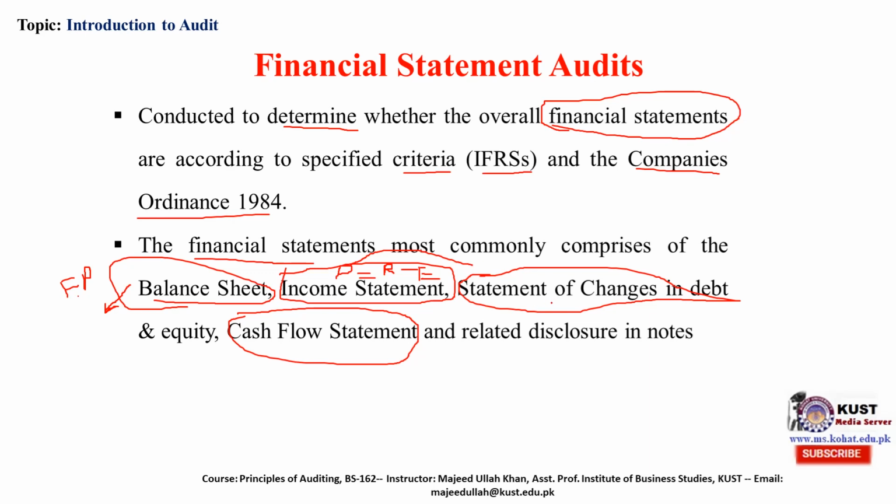So the auditor will audit these things in the statement of changes in owner's equity. The cash flow statement comprises income from operating activities, financing activities, and investing activities. The three heads are there in the cash flow statement.